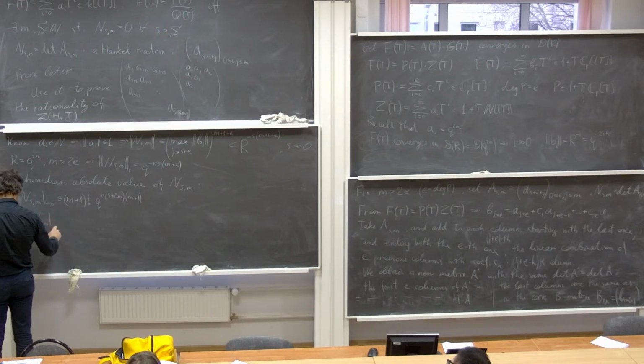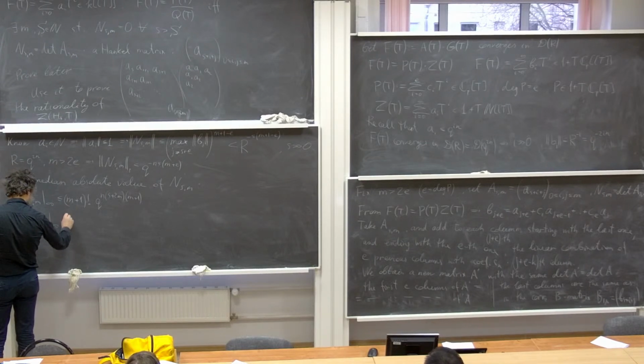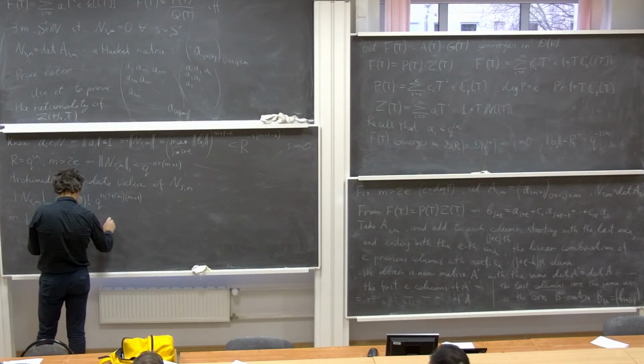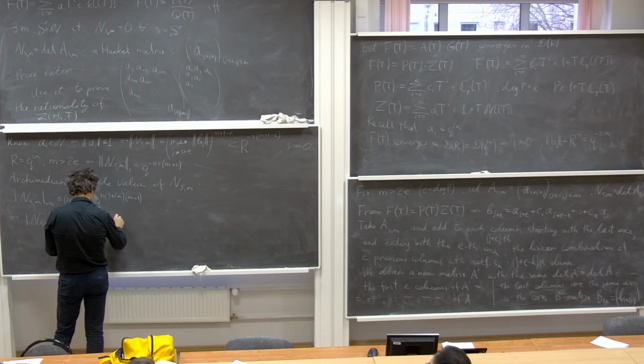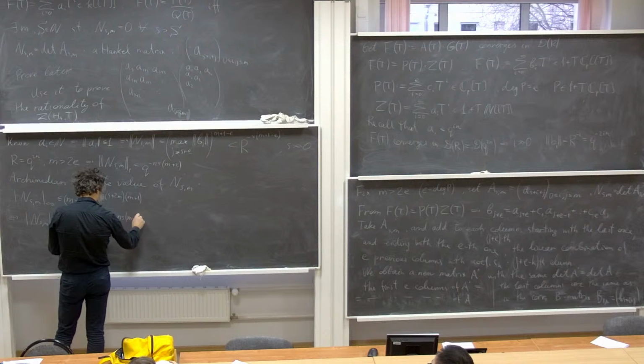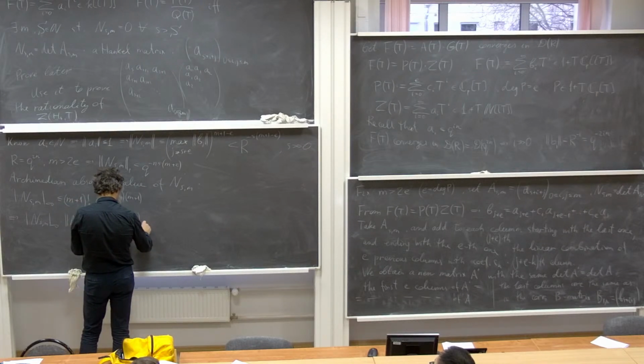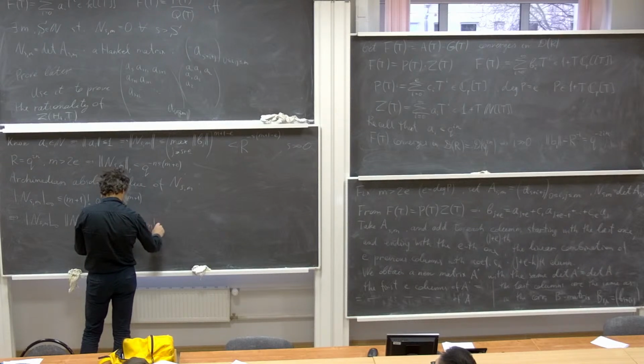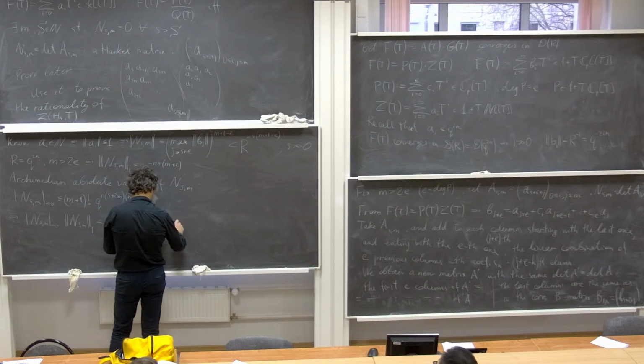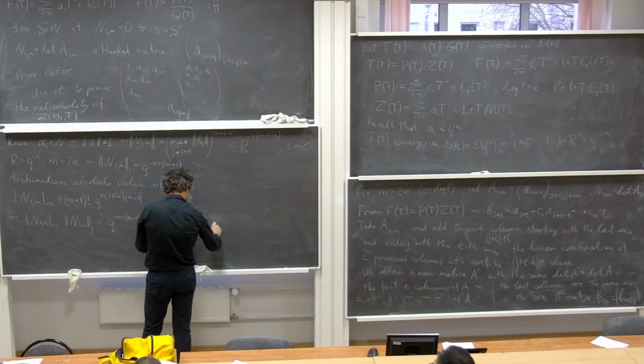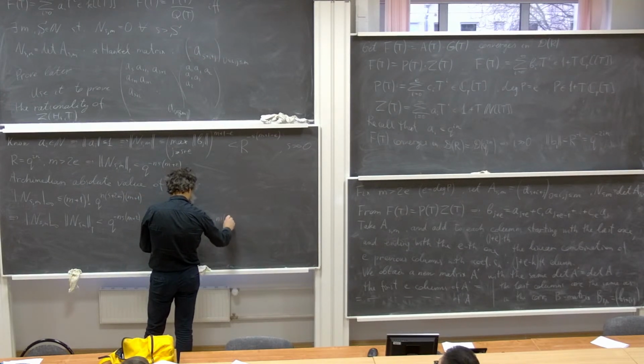NSM Archimedean value times NSM p-adic value is less than q to the power minus ns times (m plus 1) factorial times q to the power 2n(m plus 1) times q to the power ns(m plus 1).